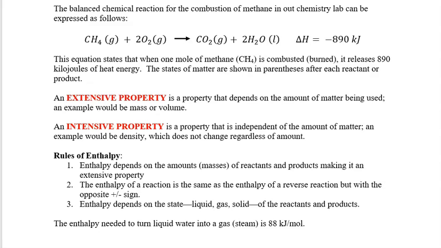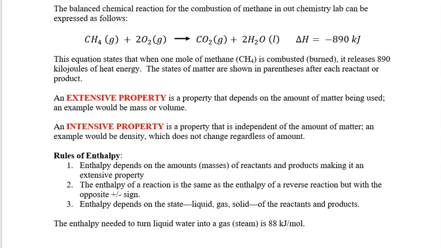So the rules of enthalpy. Enthalpy depends on the amounts, masses of reactants and products making it an extensive property. So if you want to produce more water than is shown in that chemical reaction up above, you're going to have more heat coming out. So that would be an extensive property. It depends on how much water, how many moles of water you want to make.